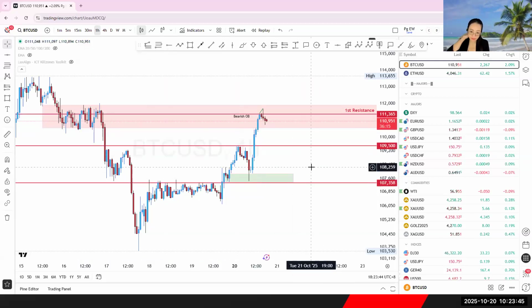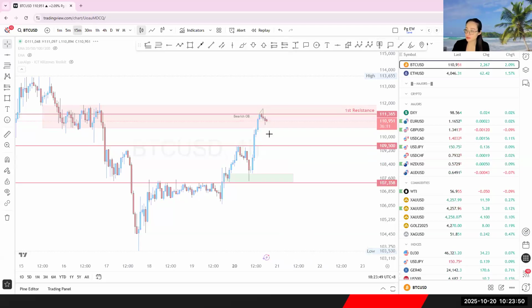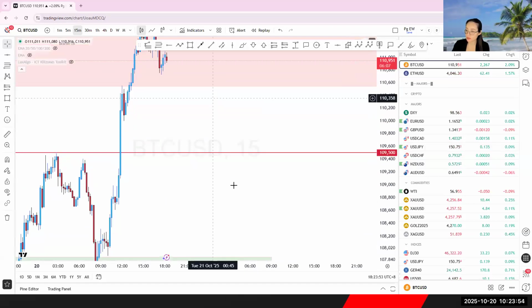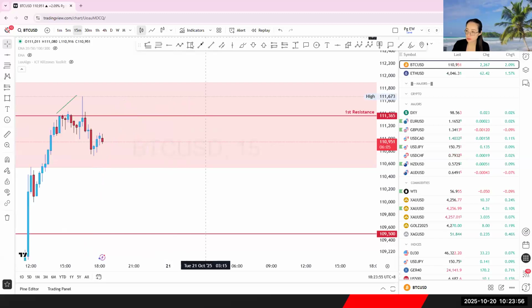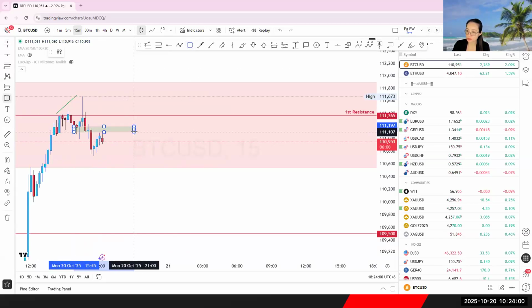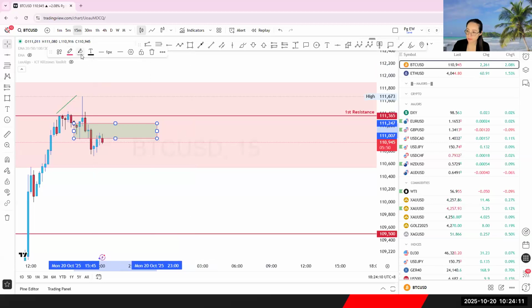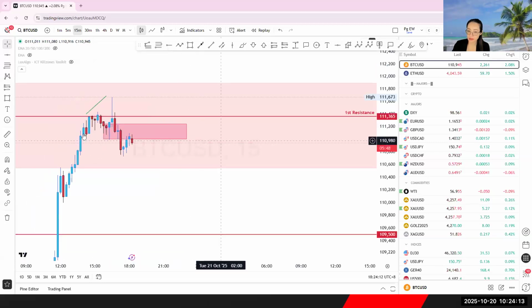So if you sell, that's going to be the sell zone. We zoom in to see the confirmation, and then they also sell here. Let's say you did not catch the sell, then you can have another sell here, in this zone. This level.